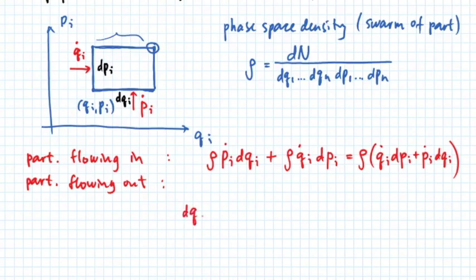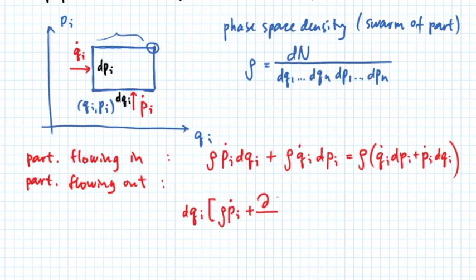We have to multiply the length of the side times the new rate of flow in that direction times the new phase space density that corresponds to this top side of the rectangle. Which becomes density times p dot sub i. That's very much what we got at the bottom, but that's not now the true value. The true value is now updated.